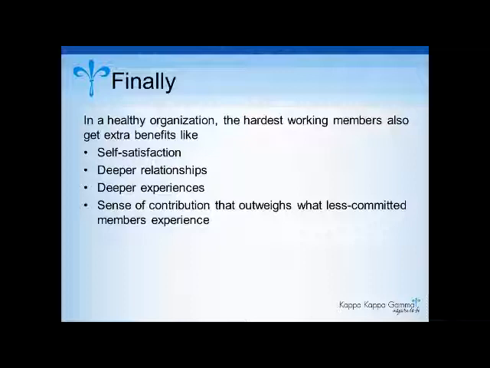And their sense of overall contribution should outweigh what the less committed members experience. I think that probably all of us participating tonight in the webinar can relate to that. We have given back, we have continued to put in, and so we have had a meaningful experience ourselves as part of giving back to the greater organization.